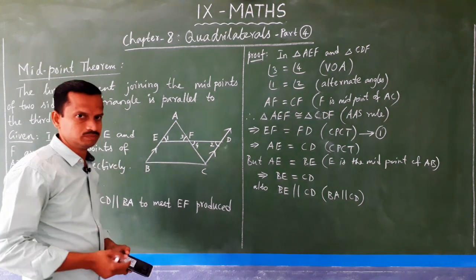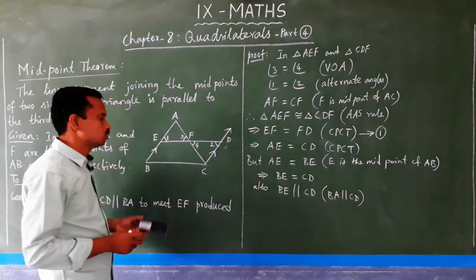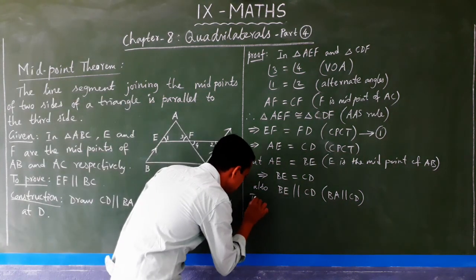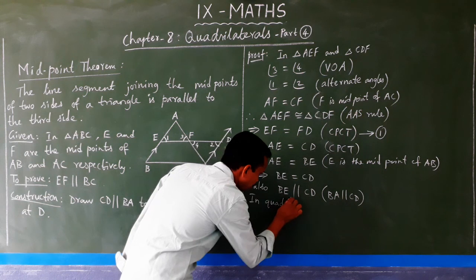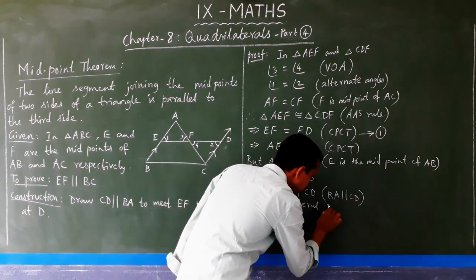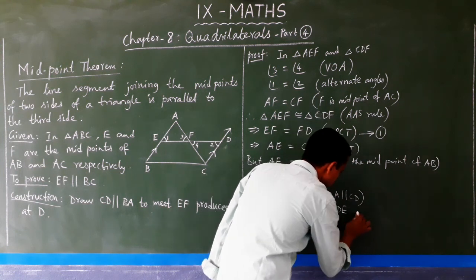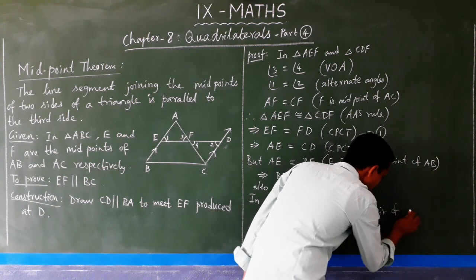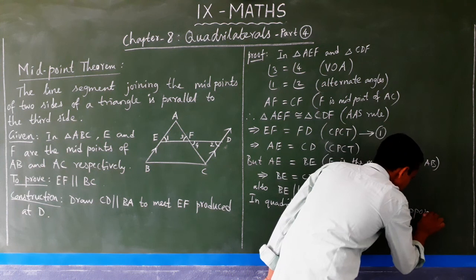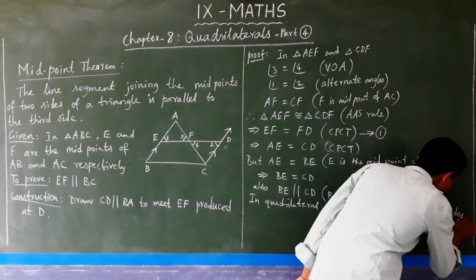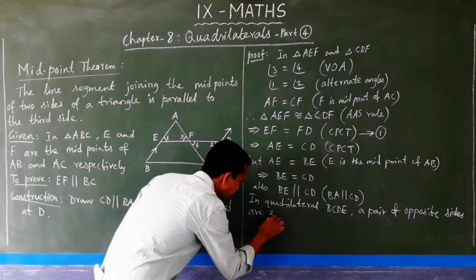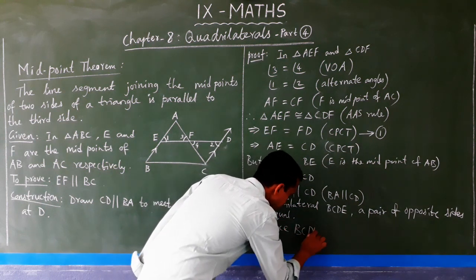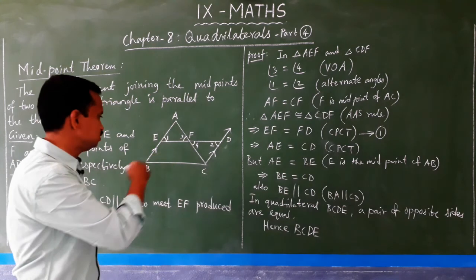Therefore, by the theorem I just explained, quadrilateral BCDE is a parallelogram, since a pair of opposite sides are equal and parallel. Hence, BCDE is a parallelogram.